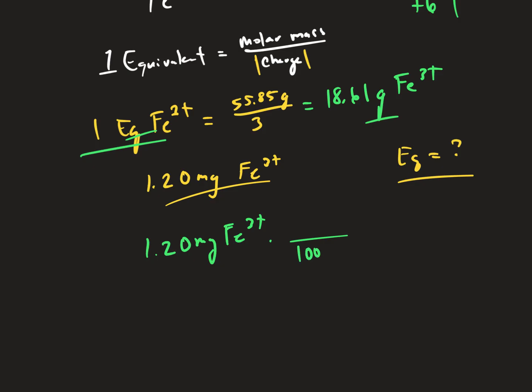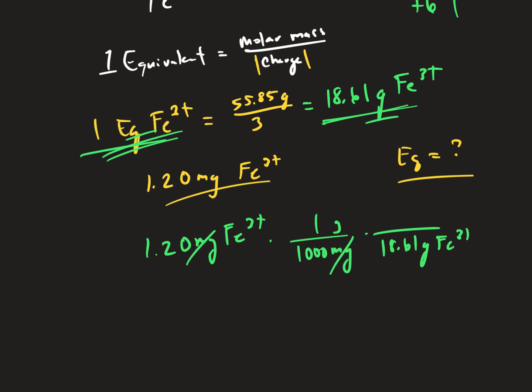So 1,000 milligrams is the same as 1 gram. That goes away. And now we can go from grams to equivalents. 18.61 grams of iron 3 plus to 1 equivalent of iron 3 plus.